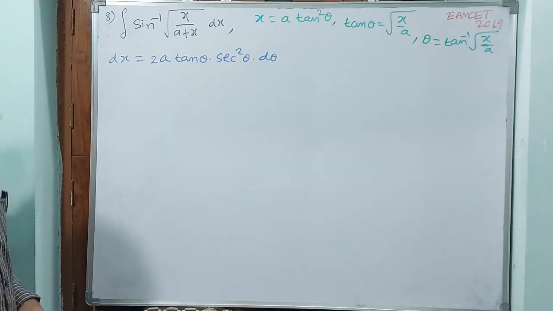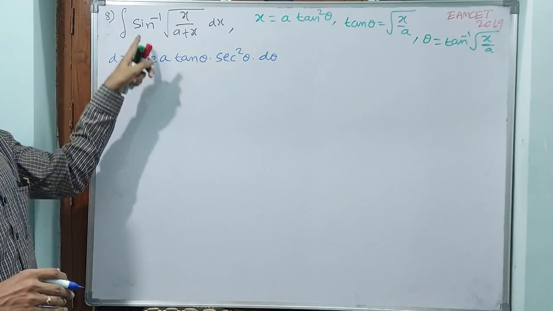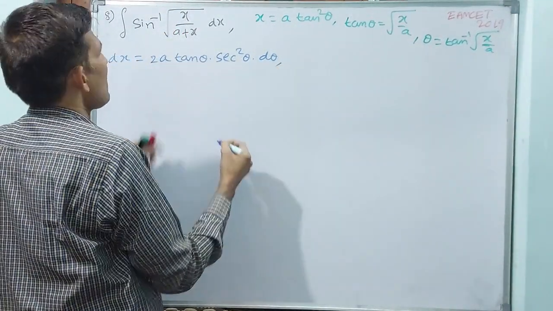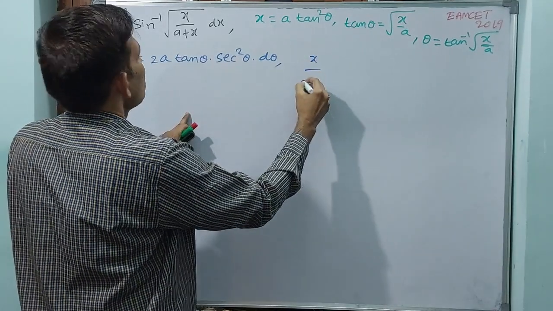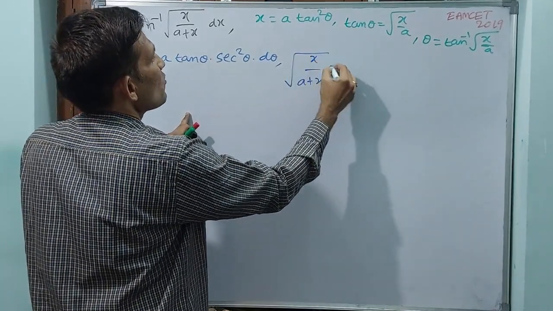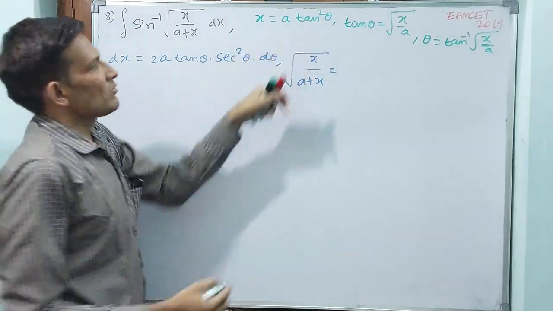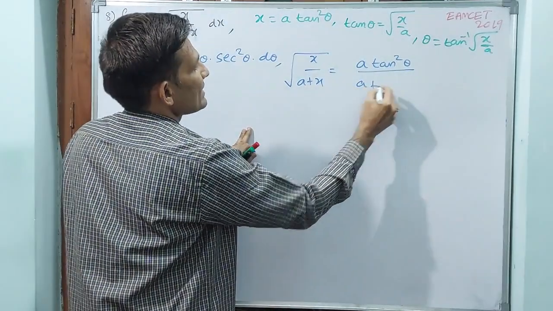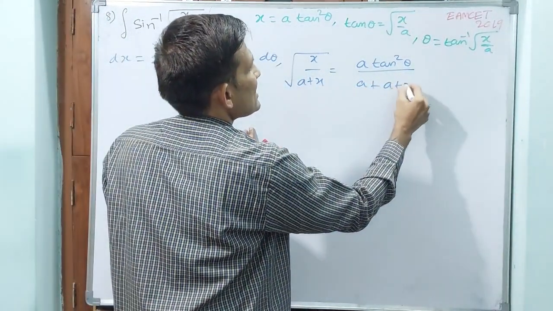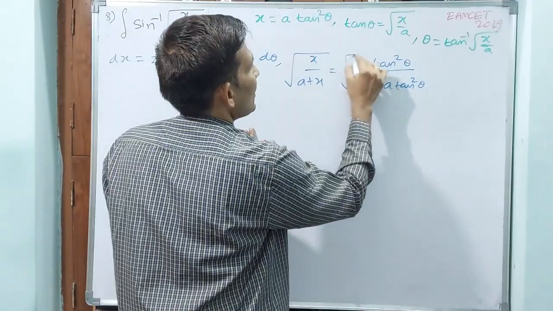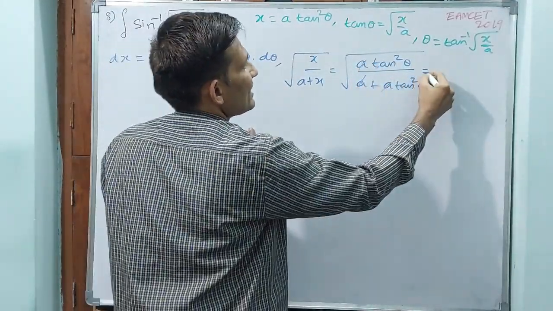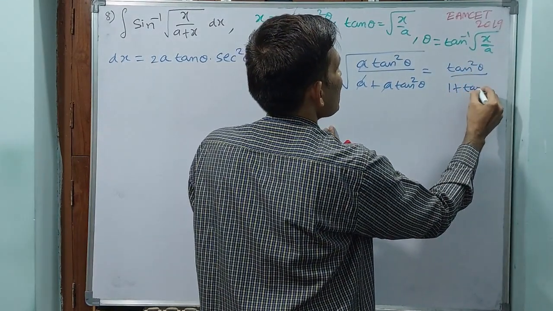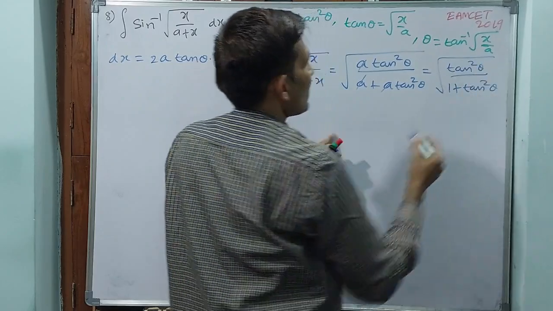Okay, but wait, why? Because before applying integration, I am doing something, you see. What I want to do, comma I am keeping, you see, x by a plus x under root is equal to, you see, a tan square theta by a plus x, means again a tan square theta, under root. You see, a shall I cancel? Then this is going to become tan square theta by 1 plus tan square theta, but under root.